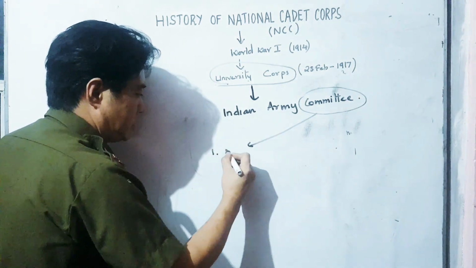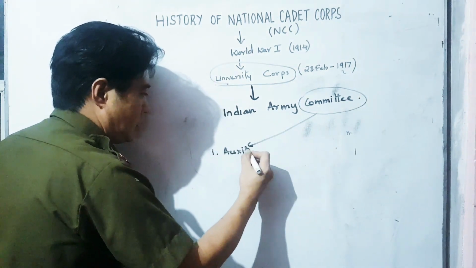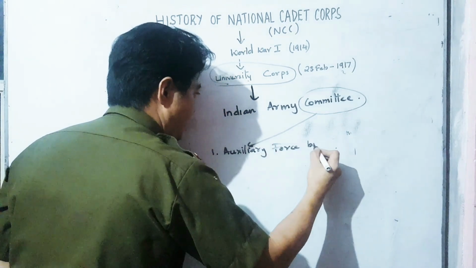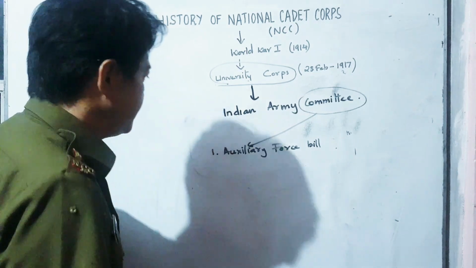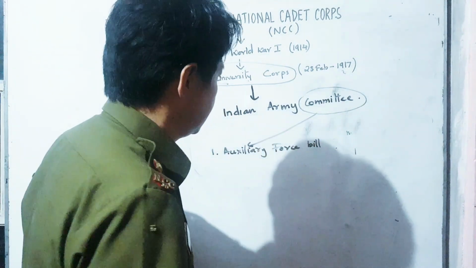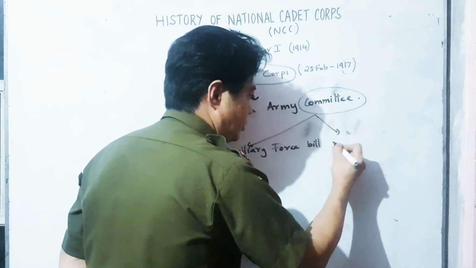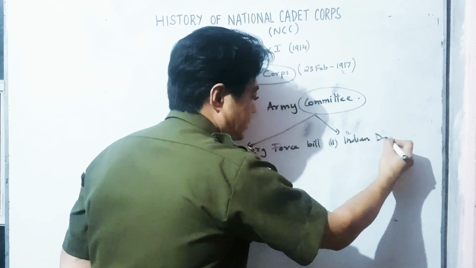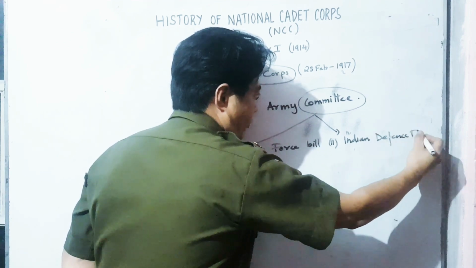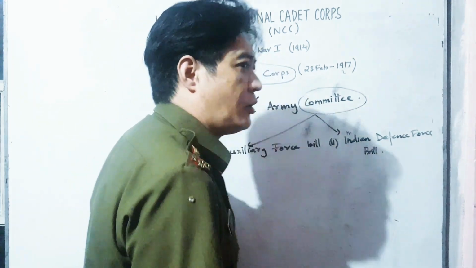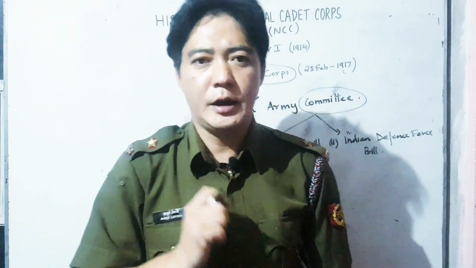Number one, the Auxiliary Force Bill, which is for Europeans, so it is not important for us. Number two, the Indian Defence Force Bill, and this bill is for imparting military training to the youths of India.